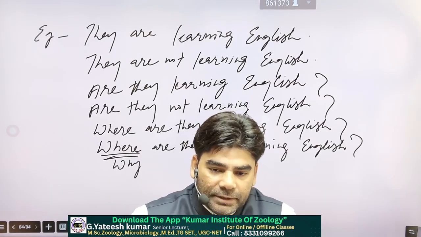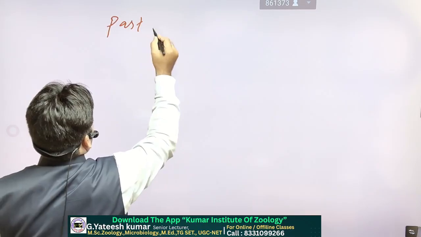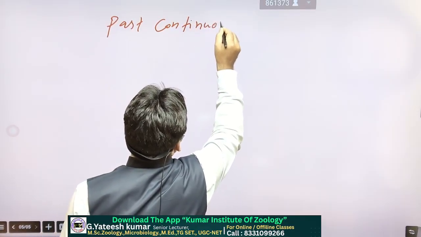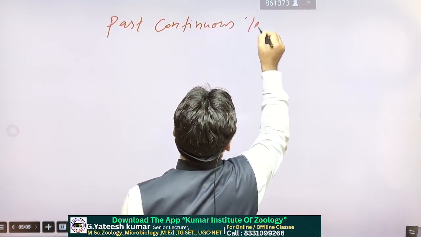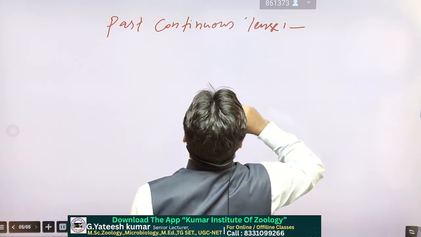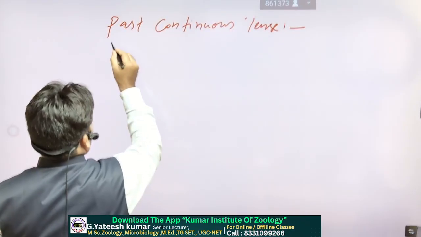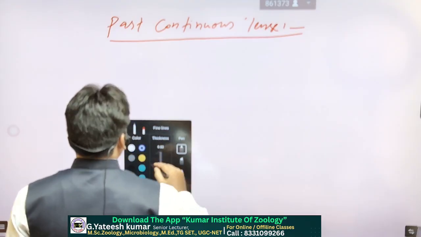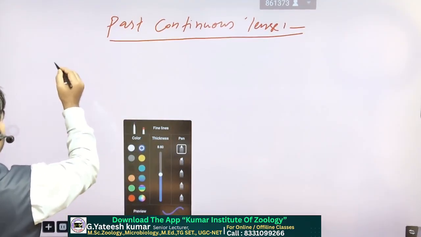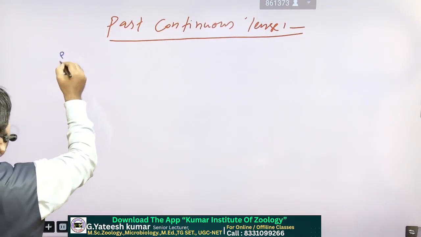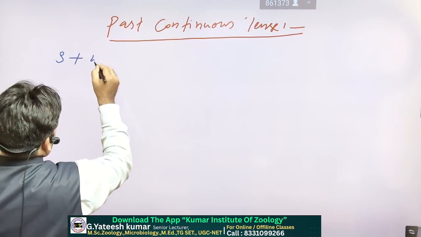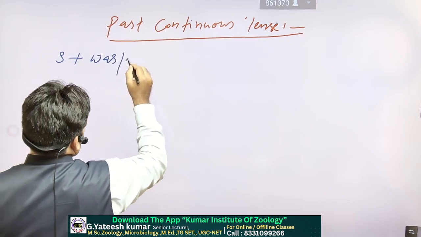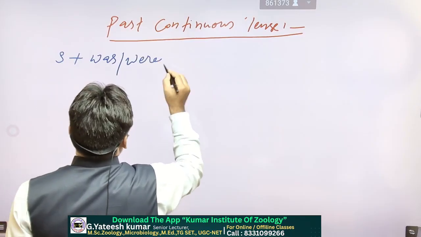So next we'll do past continuous tense. So in this we have subject, and instead of is, am, are we will use was, were for past time.